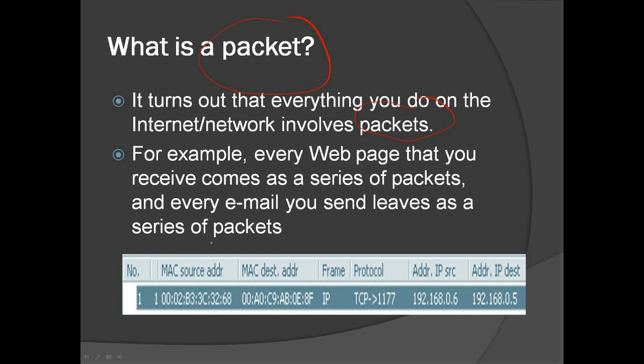Just like in the discussion of the OSI, the OSI defines what data is being added to your PDU, or protocol data unit, for you to have that entire packet. So everything that you send on the network requires packet transmission.